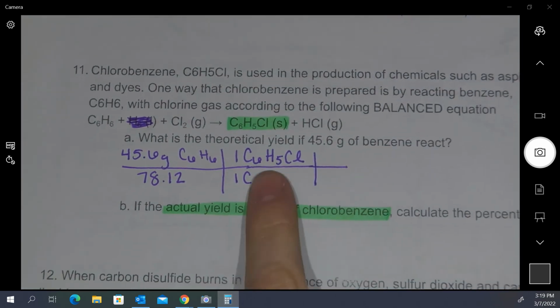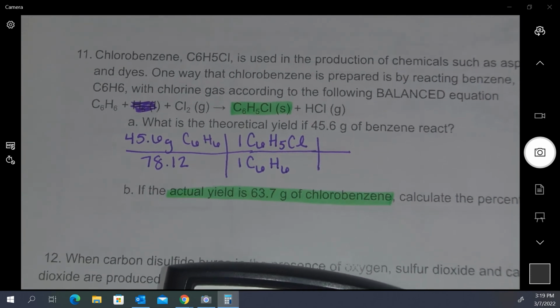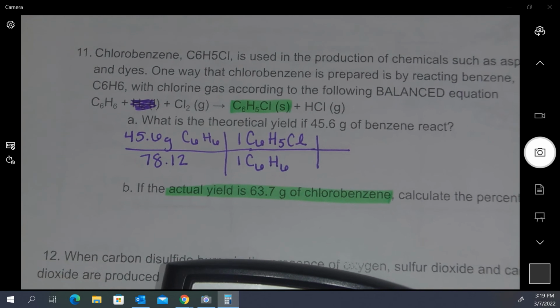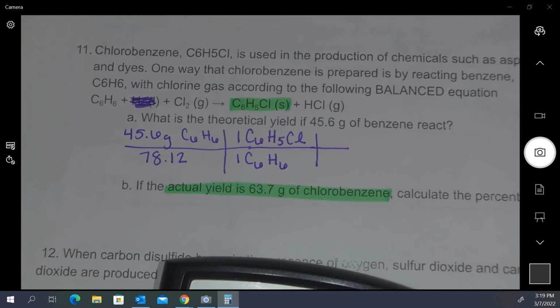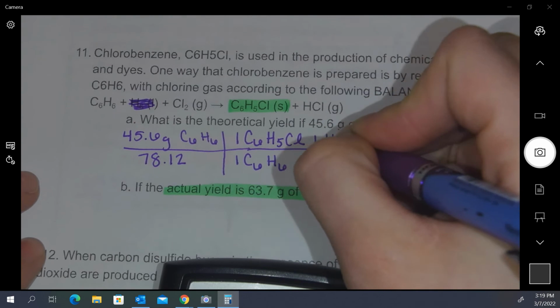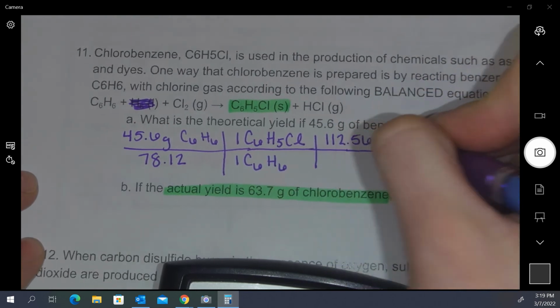Lastly, I want the molar mass of chlorobenzene. So 12.01 times 6 plus 5.05 plus 35.45 will give us 112.56 grams per mole.